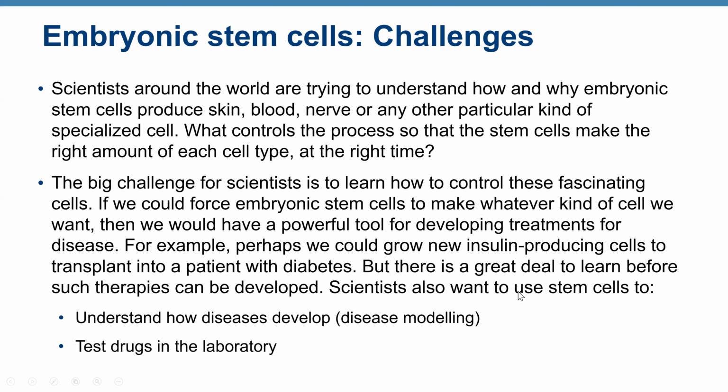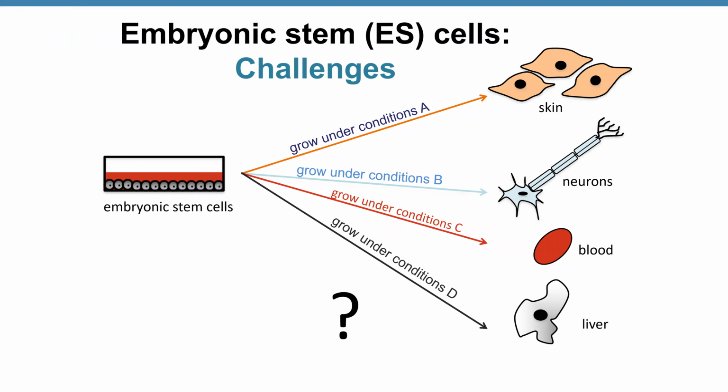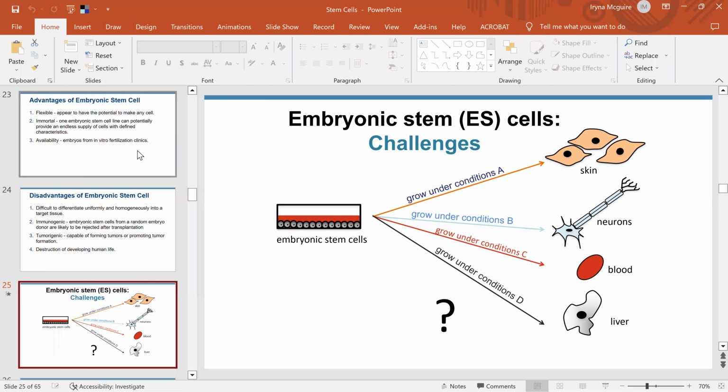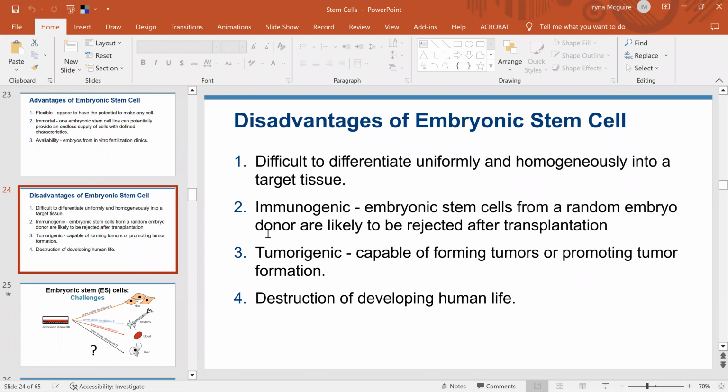So yes, we do have some challenges. We don't fully understand how embryonic stem cells are induced, and how we can use them without triggering an immune response or development of a tumor.